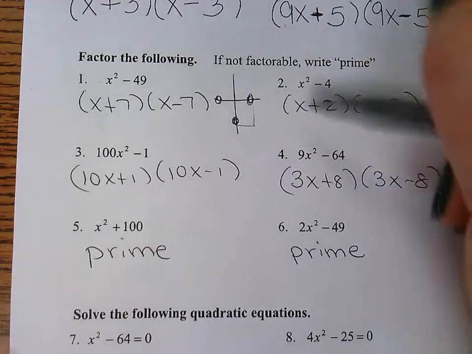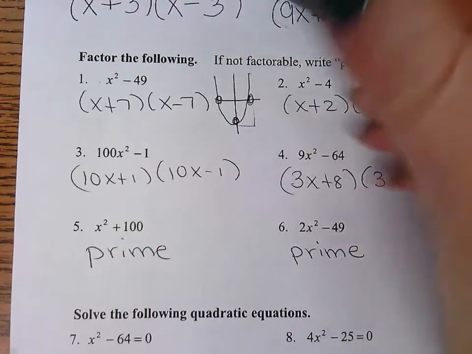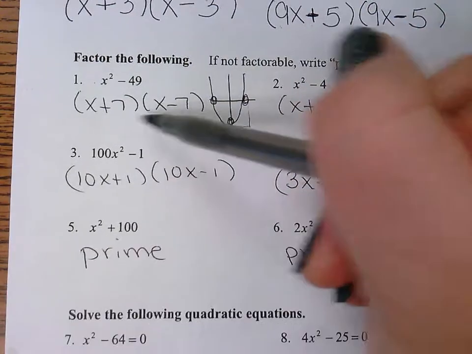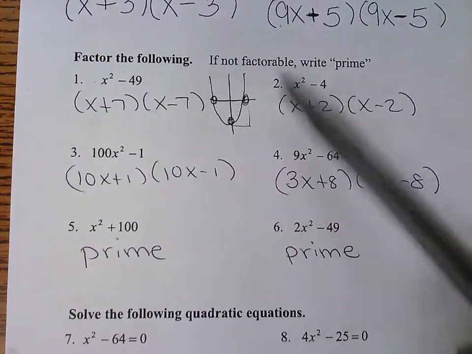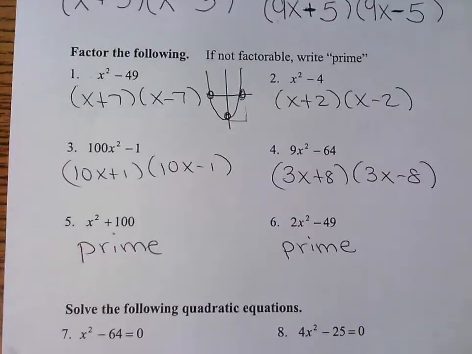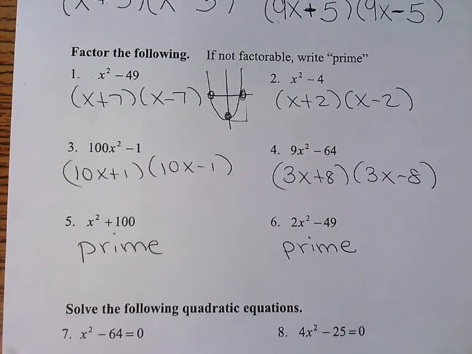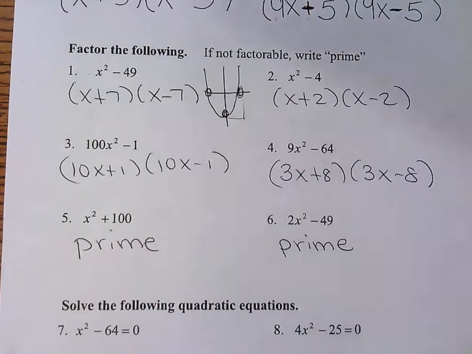So 7 and negative 7 are the x-intercepts. This is intercept form. Remember intercept form? So this is standard form or vertex form, and this is intercept form. So you're getting the x-intercepts. And the two x-intercepts would have been negative 7 and positive 7.